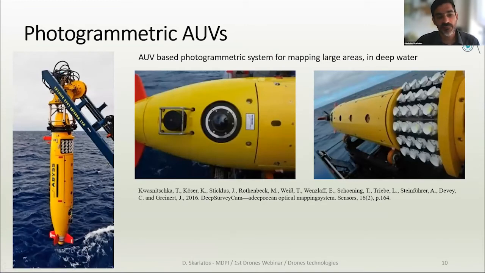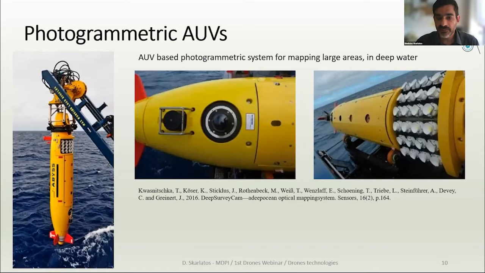Also, we have other kinds of ROVs or completely autonomous underwater vehicles, such as this one. These are torpedo-shaped vehicles. Once again, they are particularly designed for photogrammetry. You can see that there is an array of lights to properly illuminate the sea bottom.